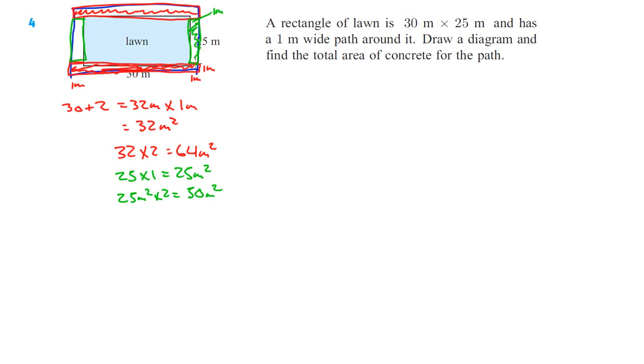So for the red, we have 64 square meters, and then for the green, we have 50 square meters. We add those together, and we get 114 square meters total for the area of the concrete for the path. Okay? Let's move on to the next one then.